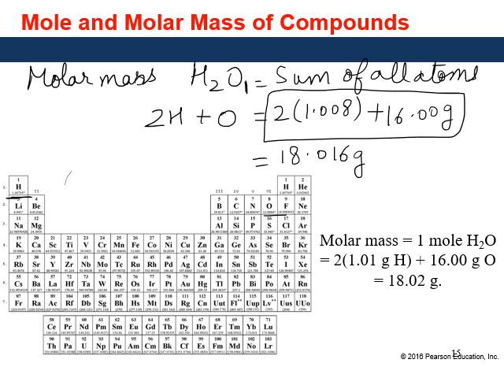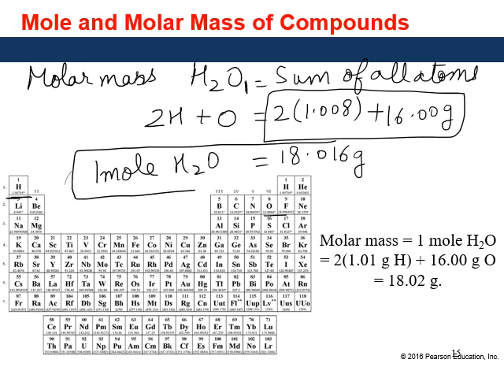And again, molar mass is the mass of 1 mole of water, which means this is now your conversion factor. If you have moles of water, you can figure out its grams by using this conversion factor. So this is the new conversion factor that's given to you now. Remember, mole is the same. If you're interested in grams, you can find it by using molar mass.